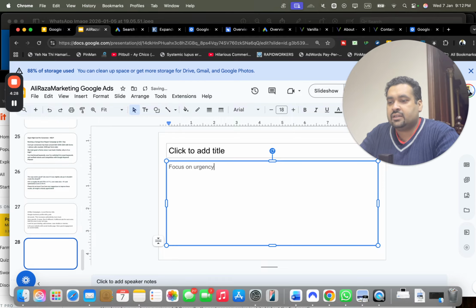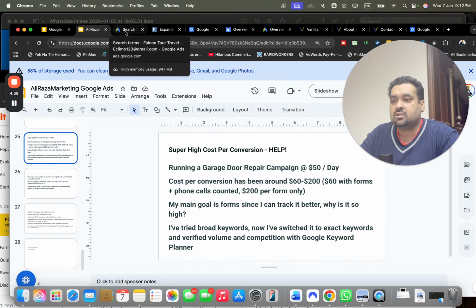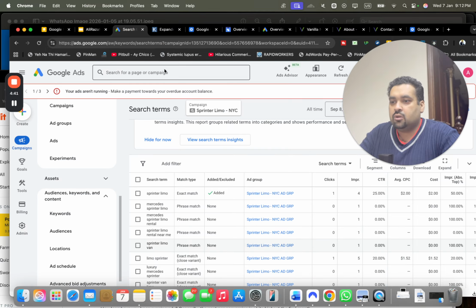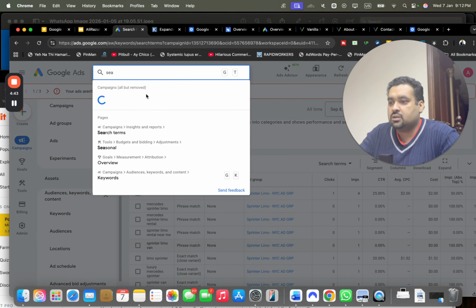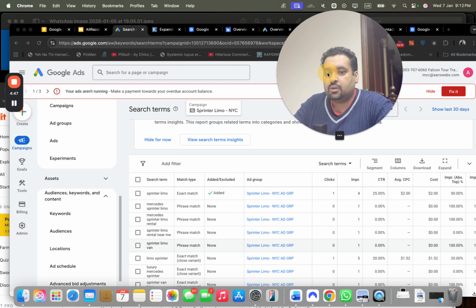Also, I think the search terms can play a crucial role here. You talked about broad match keywords and exact keywords, but did you look at the search terms? For instance, go into your account, then Insights and reports, and then Search terms, and you may realize that these are the search terms.